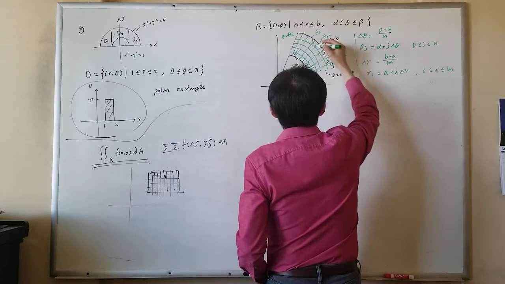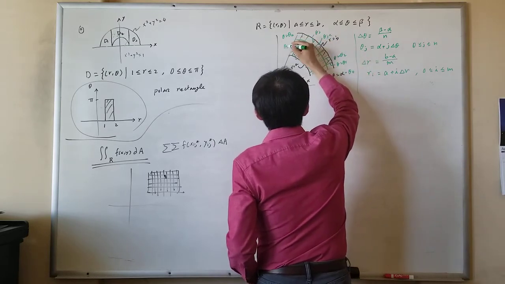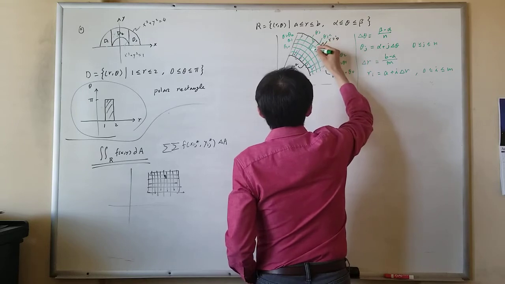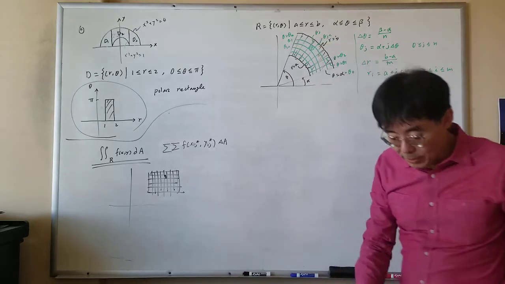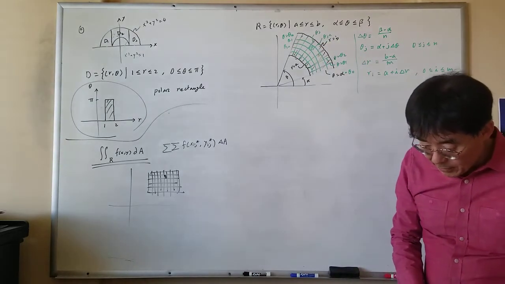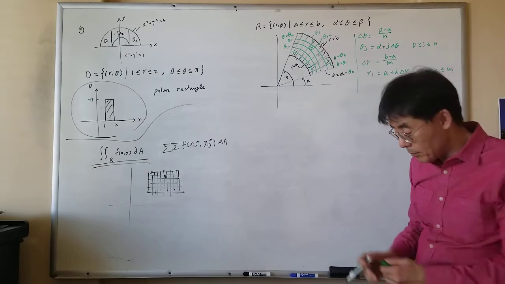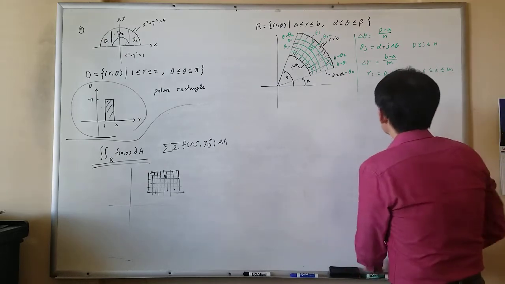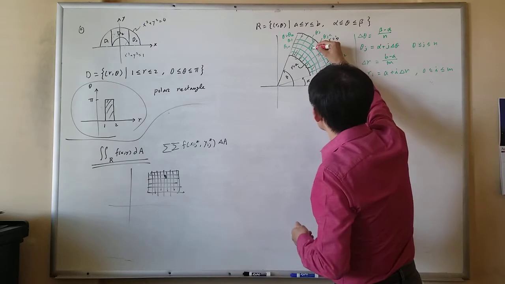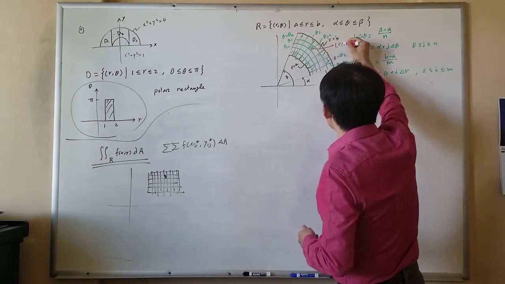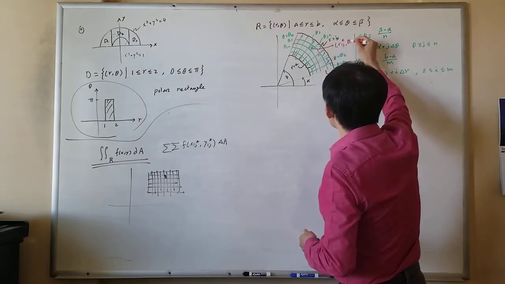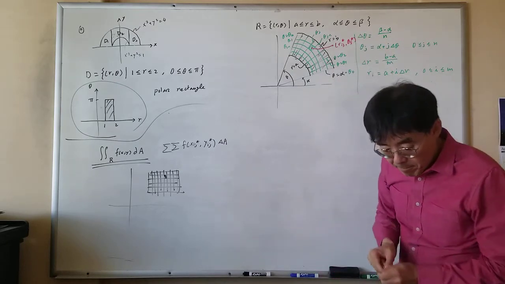Okay, so we want to think about theta j minus 1 to theta j. This one is the so-called ij subrectangle, okay? And then you choose a sample point here, r ij star, theta ij star.